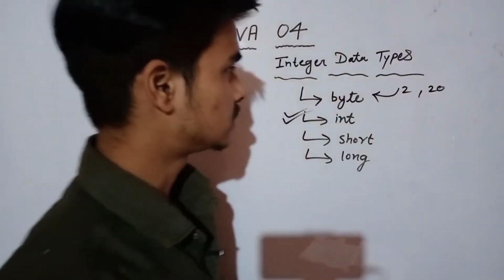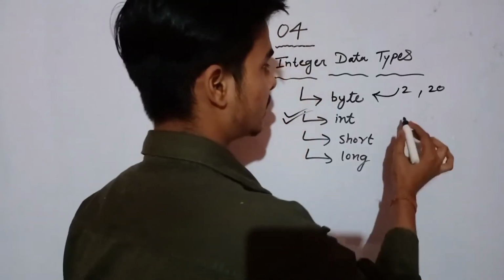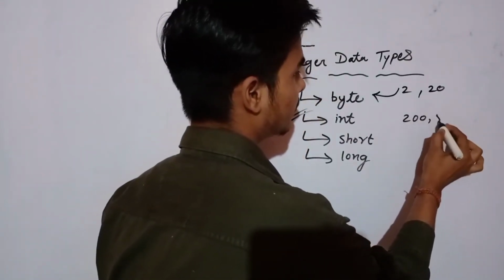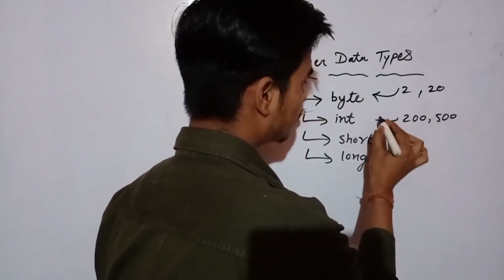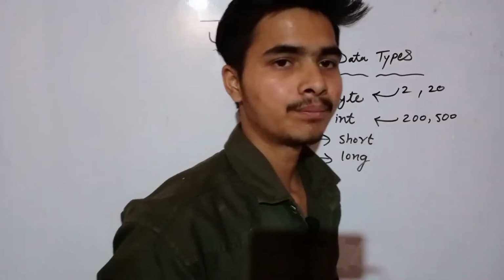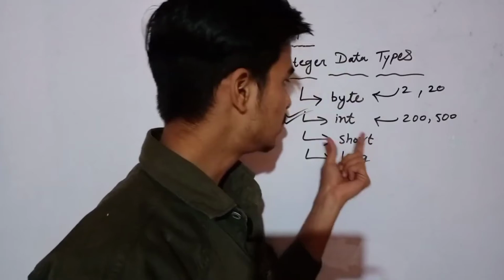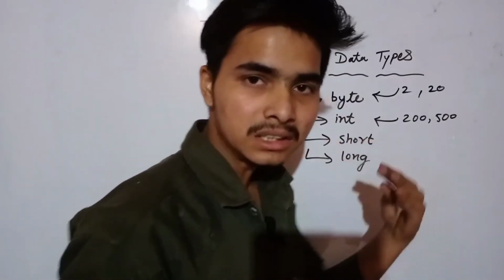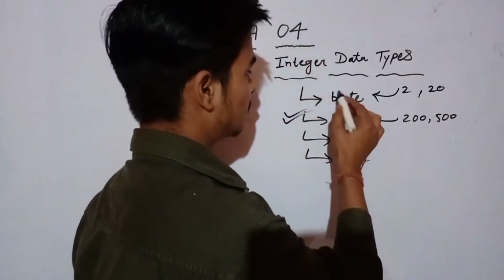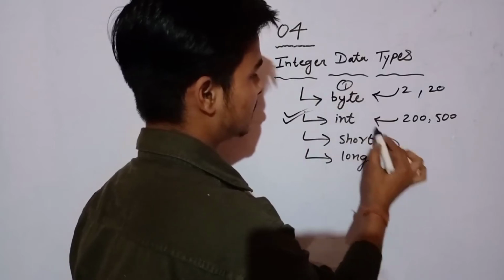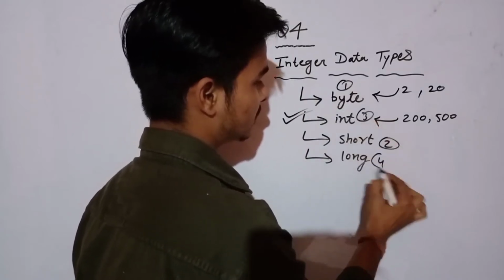But if I want to store something like 200, 500, then we should go for int. And short is also there, which is also used to store still small values. This is first, this is second, this is third, this is fourth.